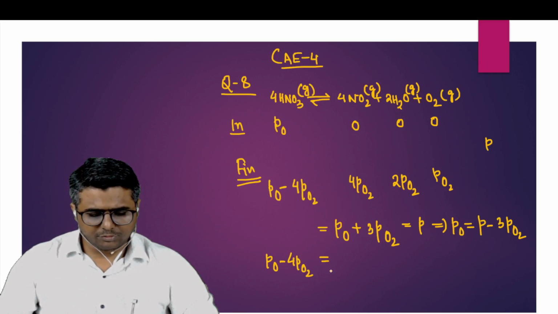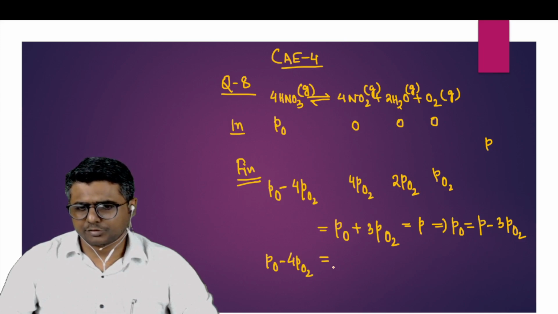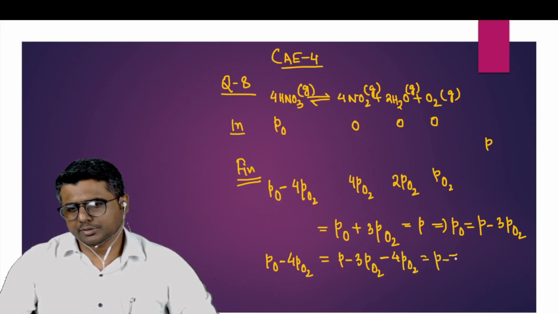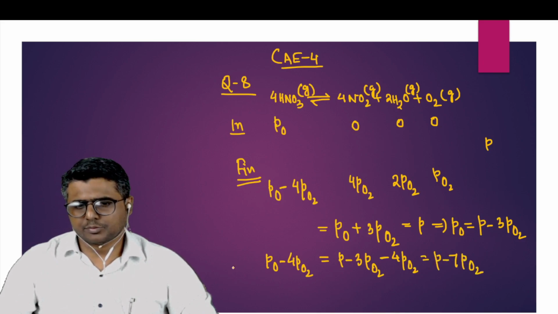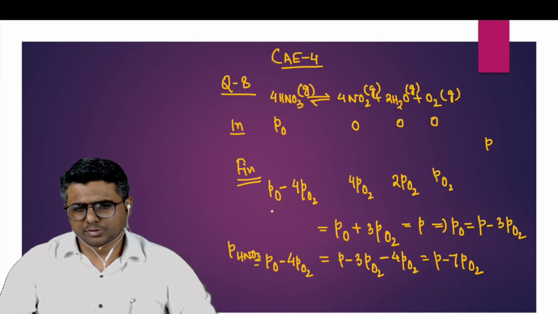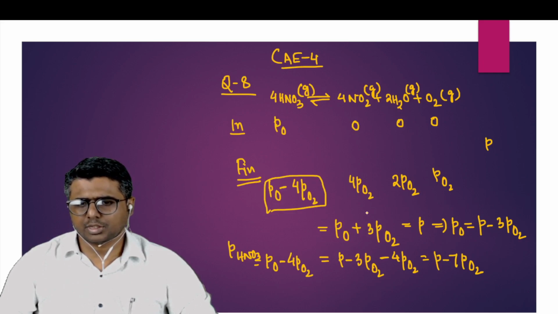In all the 4 options there is 7 PO2, so definitely we are going in the correct direction. So P naught minus 4 PO2 is P minus 3 PO2 minus 4 PO2, that is P minus 7 PO2. So this is nothing but the partial pressure of HNO3 at equilibrium. This will be required while we find out the equilibrium constant.